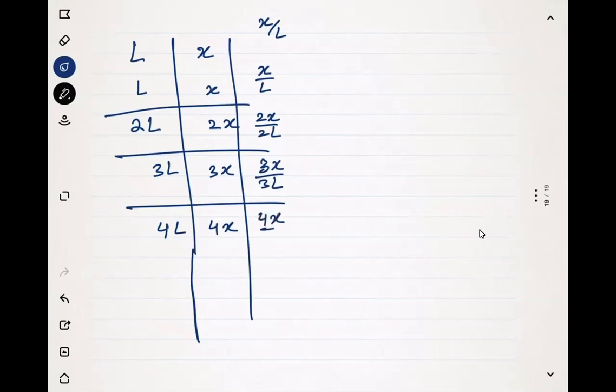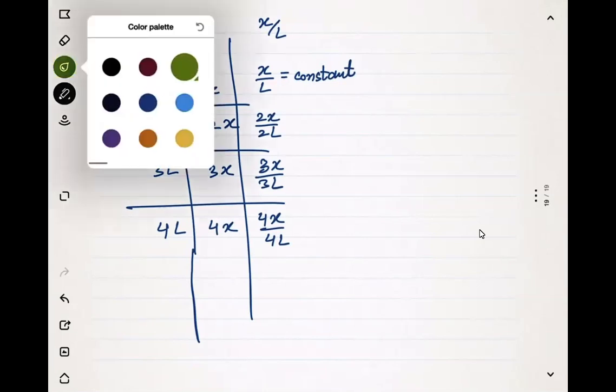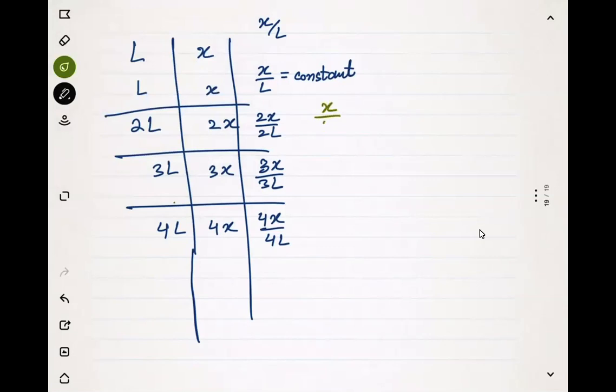So this is constant. This is independent of the length. So extension depends on length, yet X over L is independent of the length, because if the length is double, extension will also become double, and so on. For example, X over L will become, if it is 2L, it would become 2X.